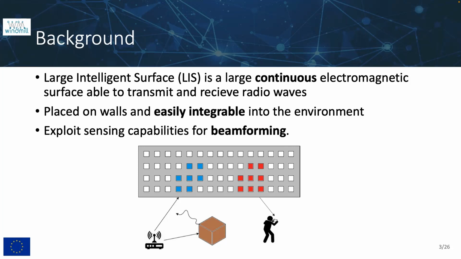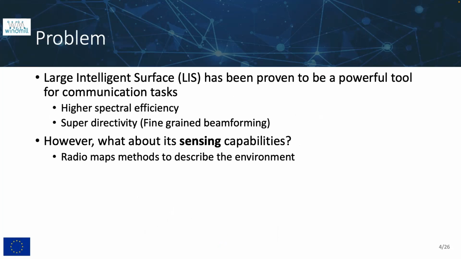Once we have that, we should be able to optimize or improve the communication towards the end user. So, wrapping up what I have just said: since the communication capabilities are well proven, we focused on sensing. Concretely, we address this by developing radio map methods to describe the environment.